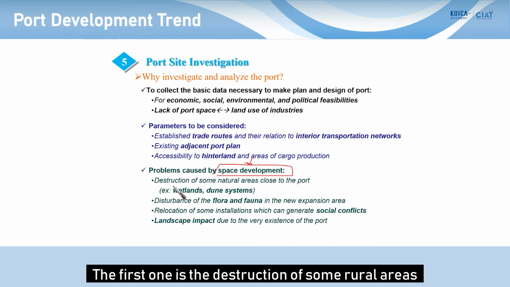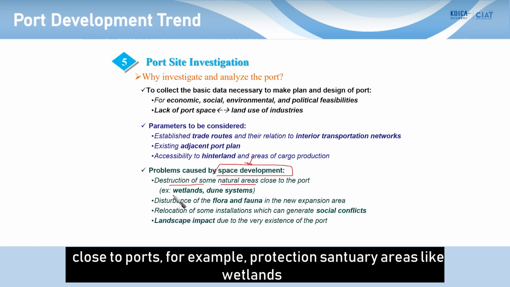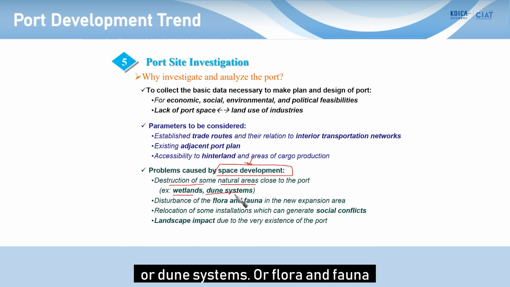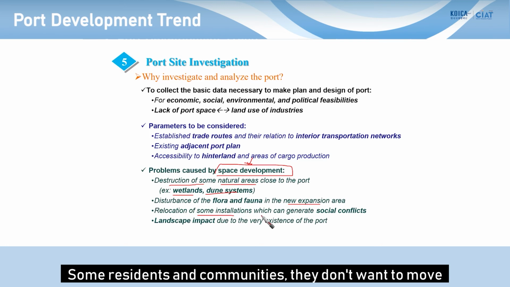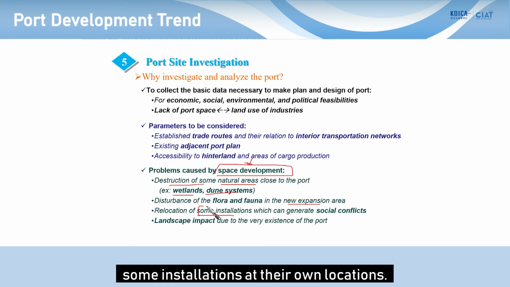The first one is destruction of some rural area close to the port, for example protected sanctuary areas, wetlands, or dune systems, or flora and fauna disturbance because of the port expansion, or relocation of some installations. Some resident communities don't want to move installations from their own locations.